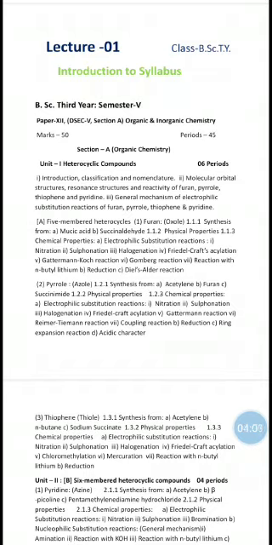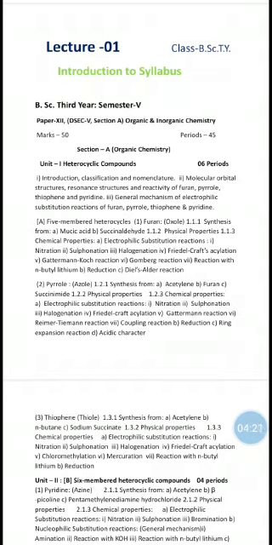Firstly, we will see the molecular orbital structures of various heterocyclic compounds. This includes 5-membered and 6-membered heterocyclic compounds.